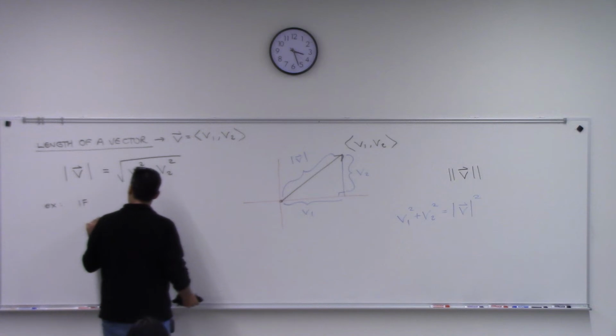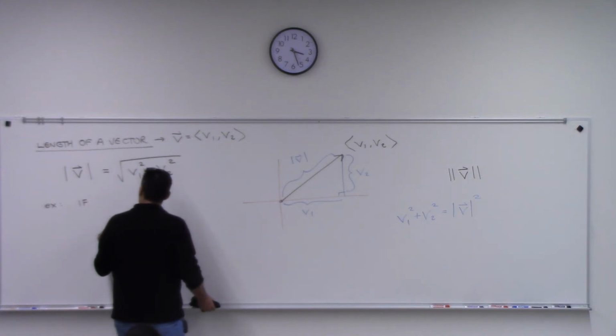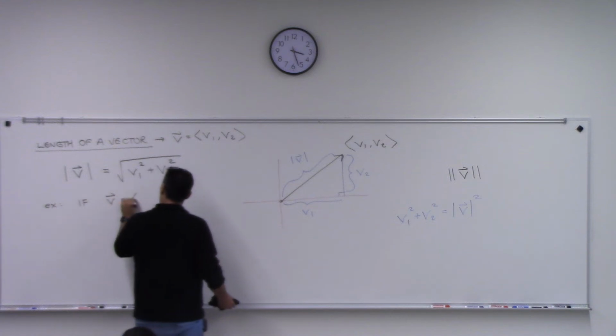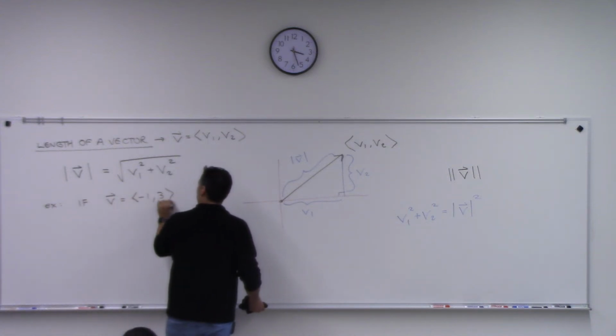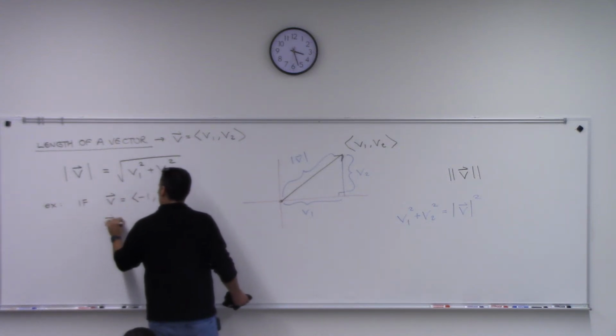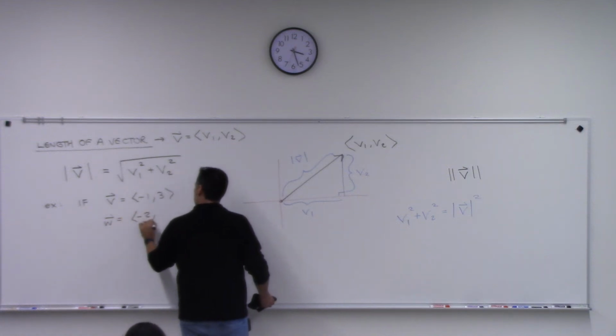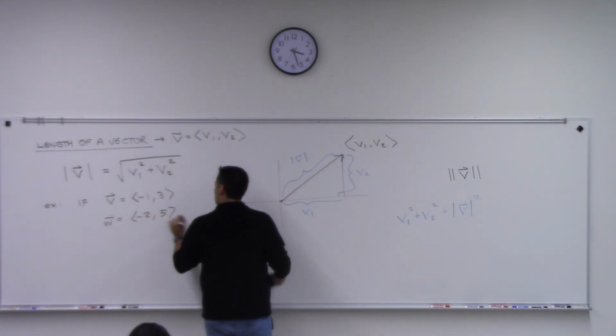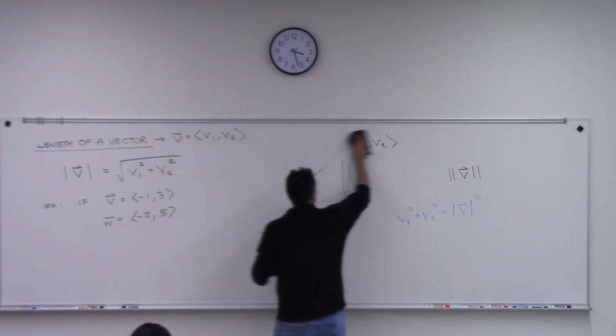If V equals (-1, 3) and W equals (-2, 5), here's what I'd like for us to do.